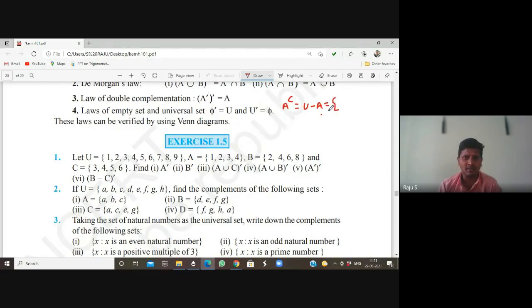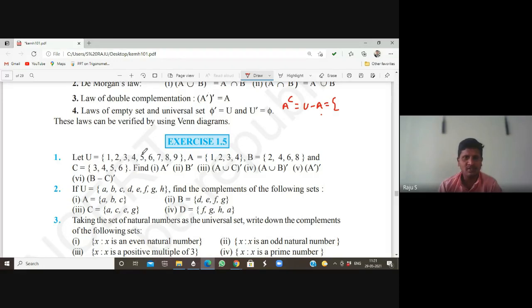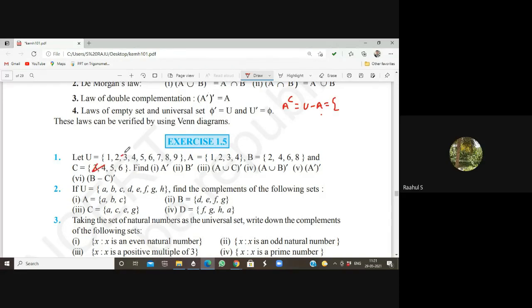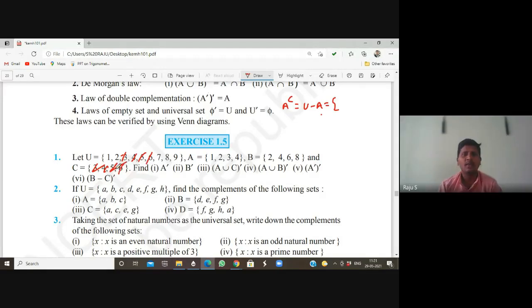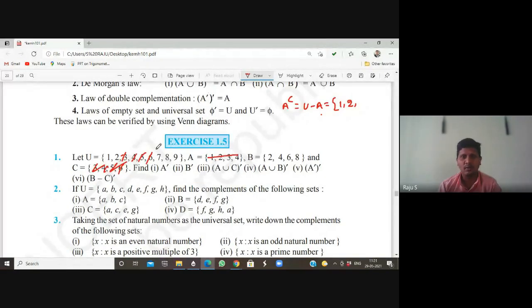U minus A. The elements of the universal set: 1, first you can cancel, 3. You can cancel the common elements which belong to U and A. Then the elements of U alone. Sir, you have cancelled for C, sir, not for A. Oh, sorry. 1, 2, 3, 4.